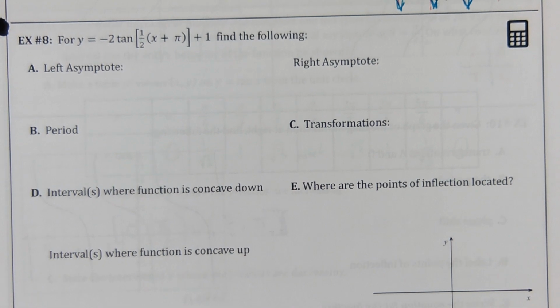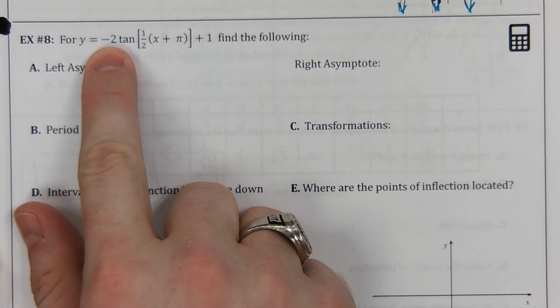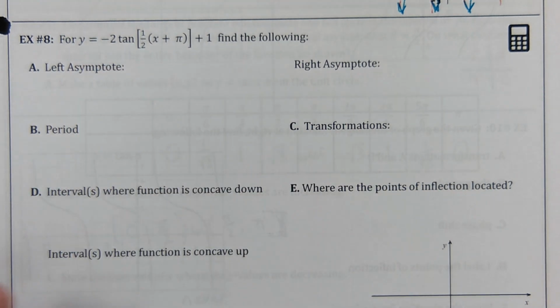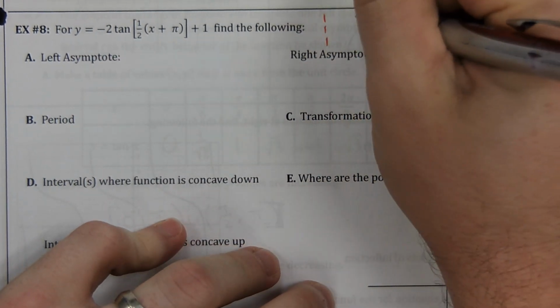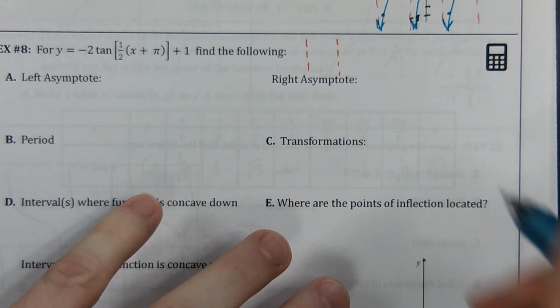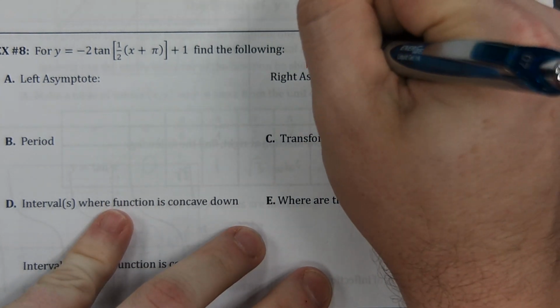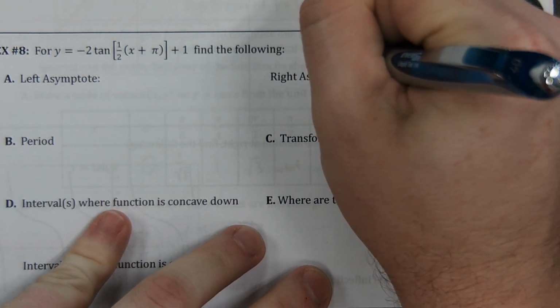Alrighty, what do we see? We see a reflection. We already know then that the shape is backwards or upside down. It doesn't matter which way you describe that because tangent is an odd function. But it's going to look like that.